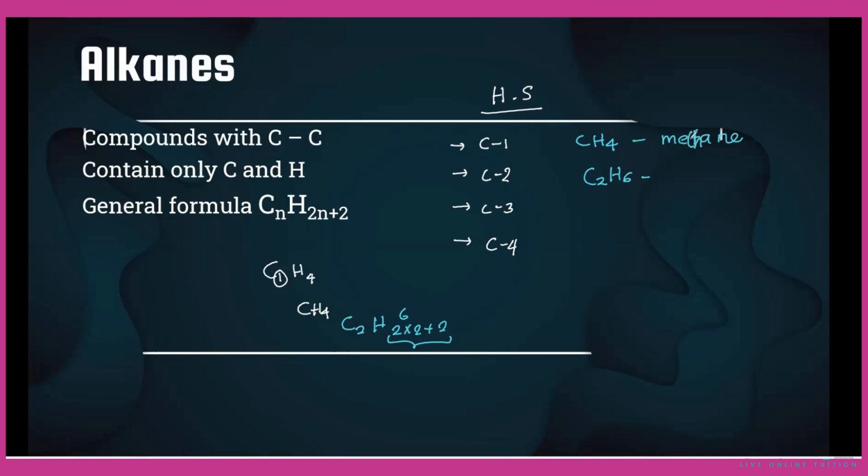This is methane, this is ethane. And then when it is 3 carbons, as I said, we will have 8 hydrogens, which still follows the general formula. So C3H8, propane.